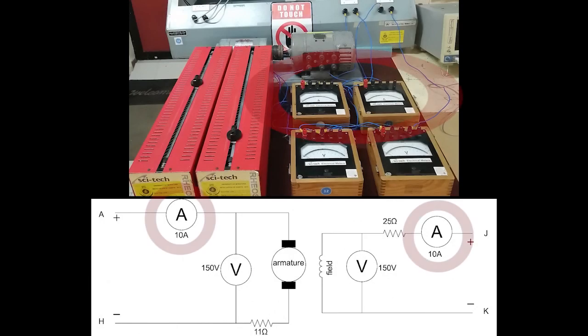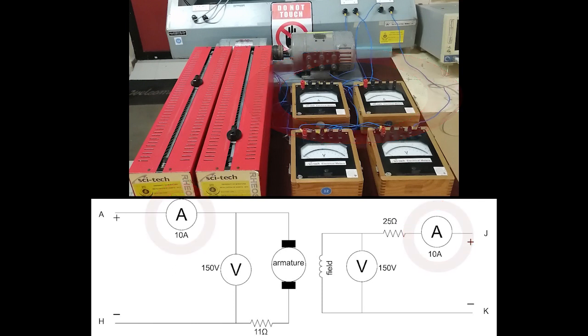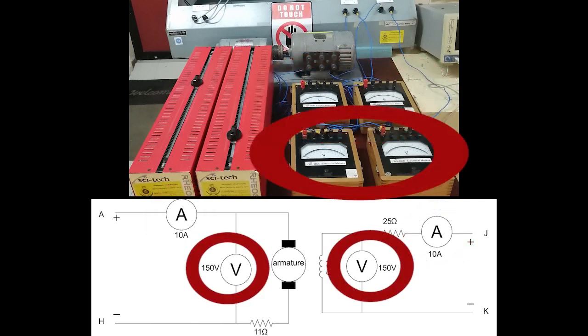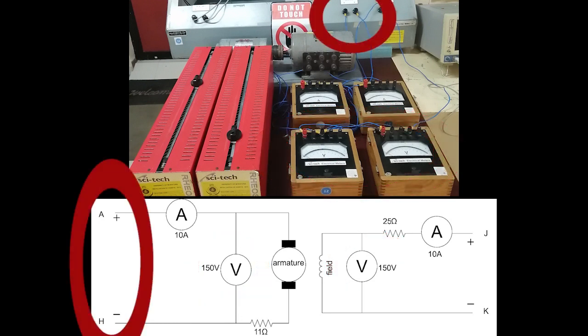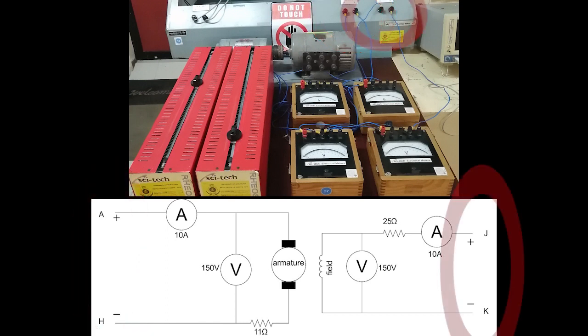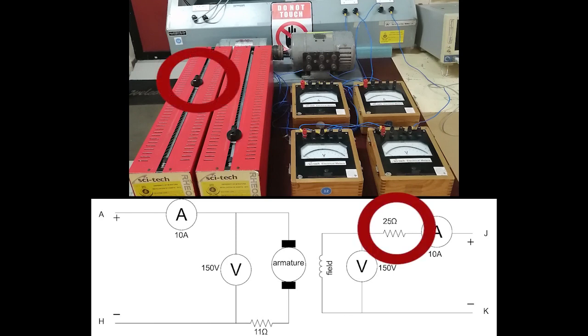As shown in the circuit diagram, we use two ammeters and two voltmeters, one on either side of the circuit. A and H are armature terminals and J and K are field terminals. We also use a rheostat set to 11 ohms for the armature side and one set to 25 ohms for the field side.